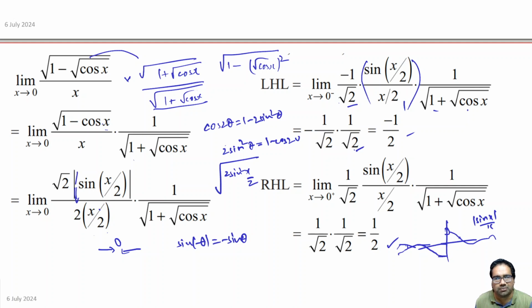The graph earlier also we discussed that there is no limit, because from one side you are approaching minus 1 and from the other side you are approaching plus 1. So for sine x by 2, because there is an absolute value function here, from the left hand side you are getting minus 1 by 2, and from the right hand side you are getting plus 1 by 2. So this limit actually doesn't exist.